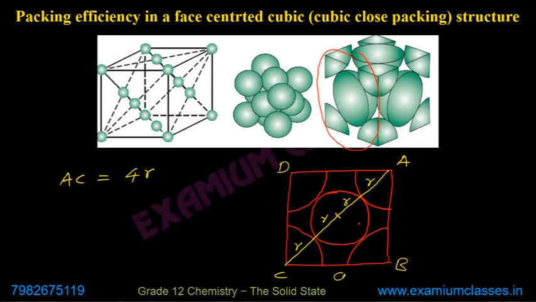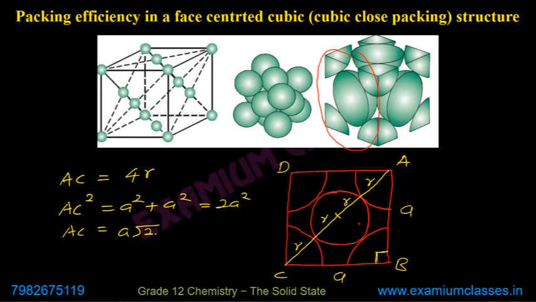And you know edge length A. Apply Pythagoras theorem. Pythagoras theorem says AC square will be A square plus A square. You are applying Pythagoras theorem on this 90-degree angle. It means AC will be A root 2.